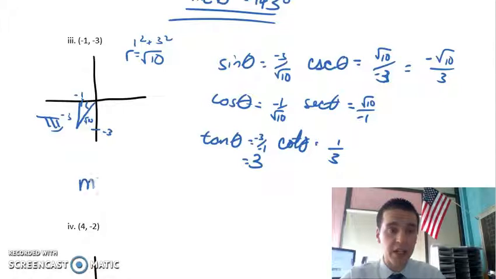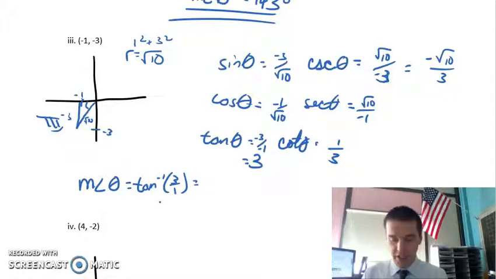And then the final part, measure of angle theta equals tan inverse of y over x, 3 over 1, which, if you put that in your calculator, tan inverse of 3 over 1 gives you 71.5, so 72 degrees.